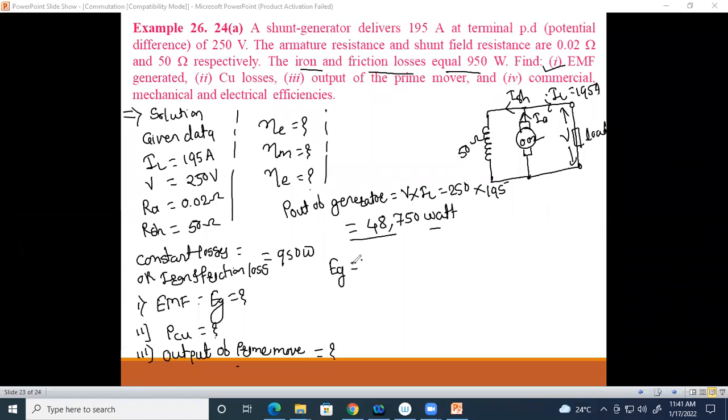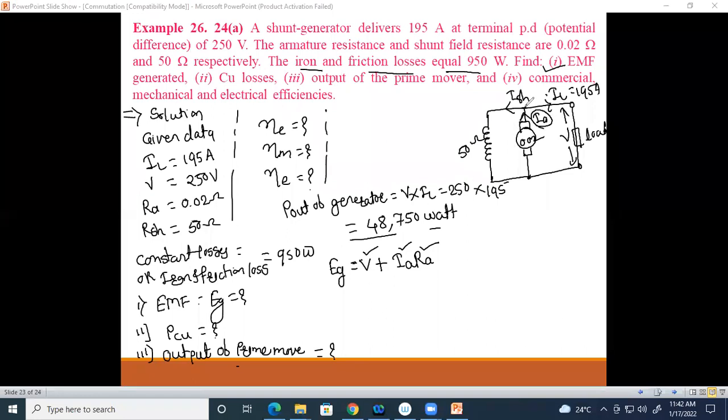EG is equal to PhiPNZ divided by 60A, but we do not have the values of Phi, P, N or Z. So we use the voltage equation of the DC shunt generator. EG is equal to terminal voltage V plus the armature drop, IARA. We have V and RA. Do we have the value of IA?